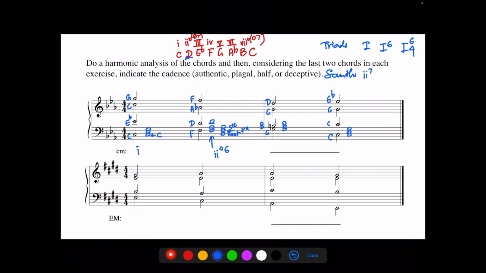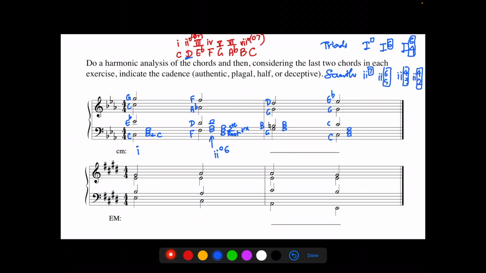It'll be a 2 7 or a 2 6 5. That's first inversion. Second inversion is 2 4 3, and the third inversion 4 2. So please remember the nothing, 6, 6 4, and then 7, 6 5, 4 3, 4 2. So if you remember that, it will be a lot easier.